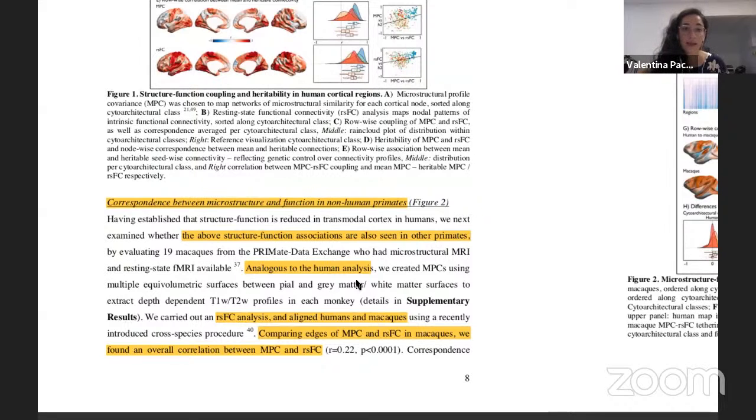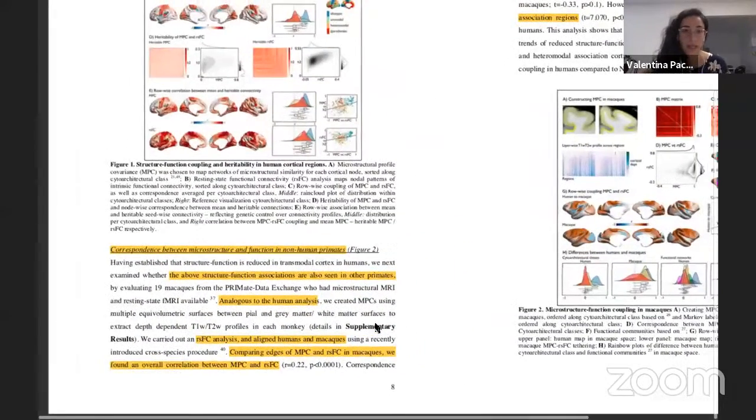And then they carried out the functional analysis and aligned it for humans and macaques.